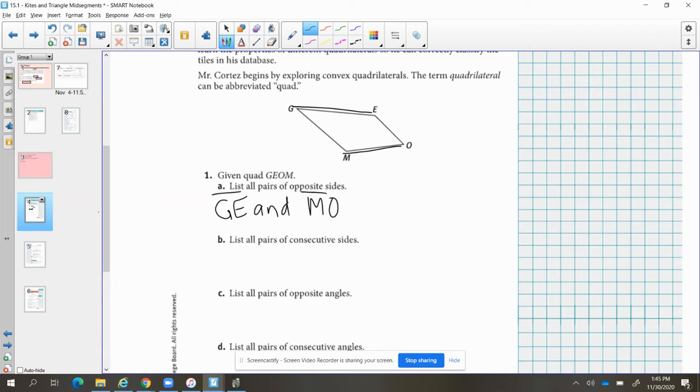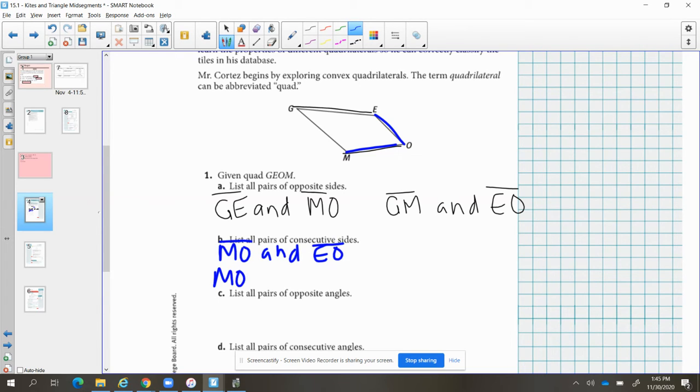The other pair of opposite sides are going to be GM and EO, right? Consecutive sides then are going to be our sides that are next to each other. So for instance, MO and EO, or MO is also going to be consecutive with GM next to it on this side.